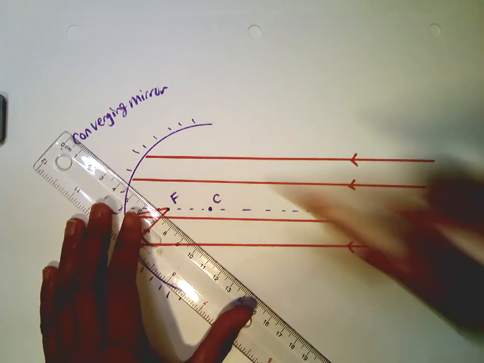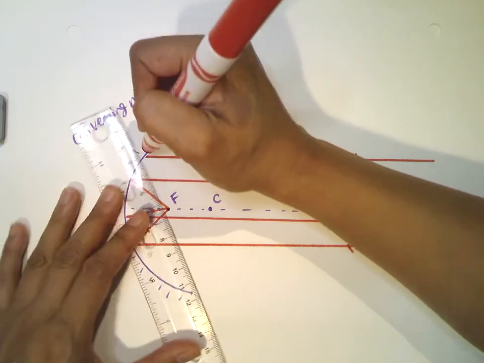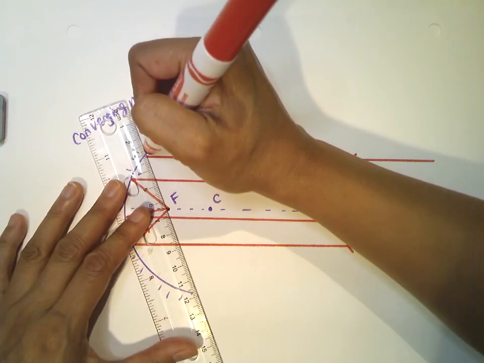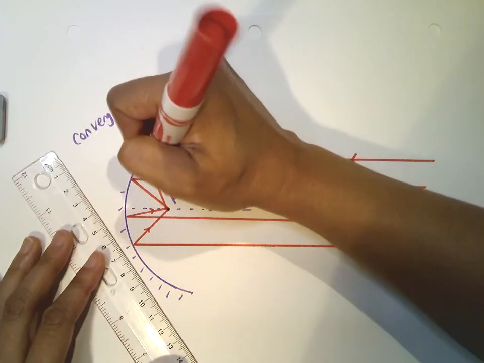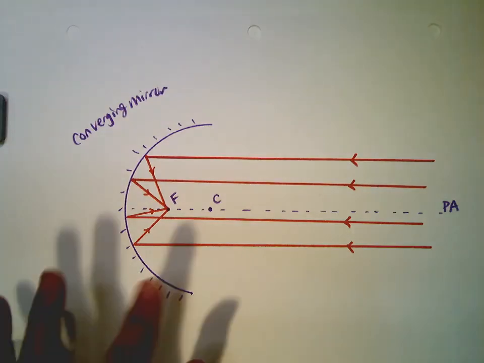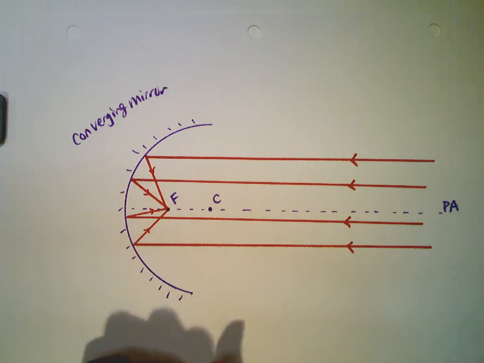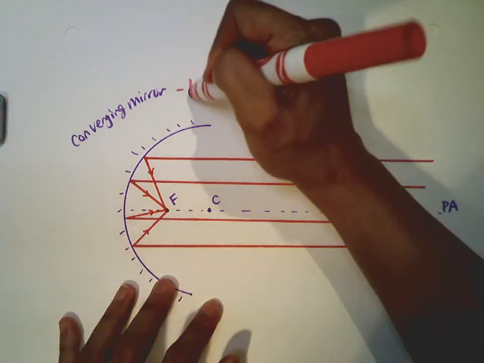All right, you can measure it out. So let's do that. And the last one over here will go like that. So these are all the reflected rays. Perfect. Okay, so this is called a converging mirror because the light converges at the focus.